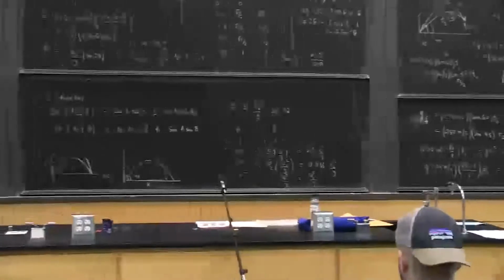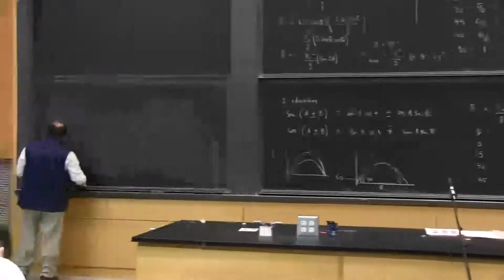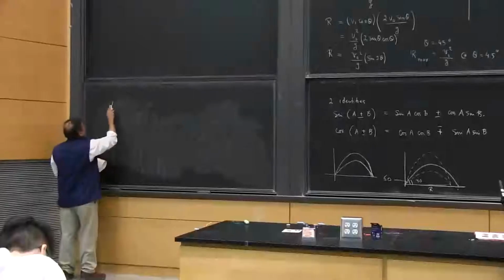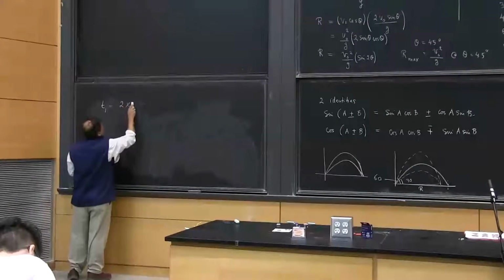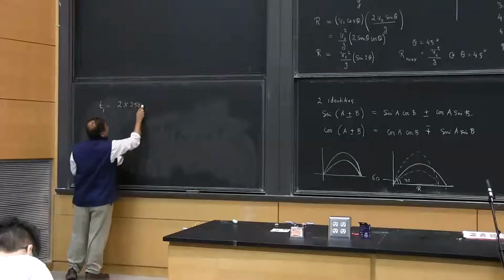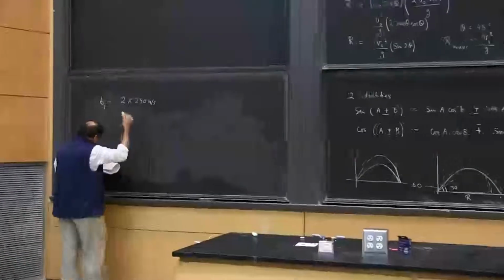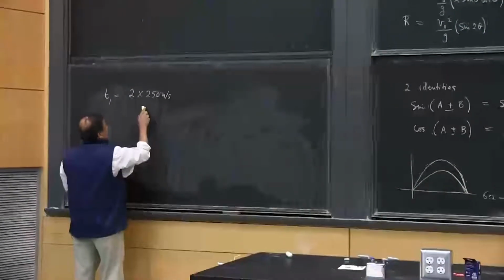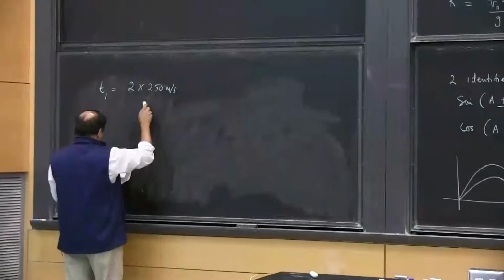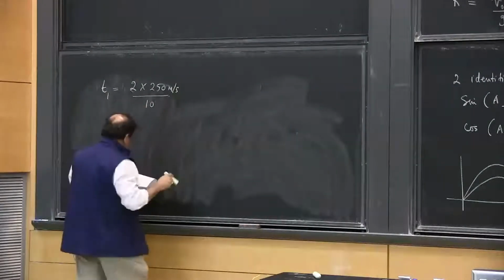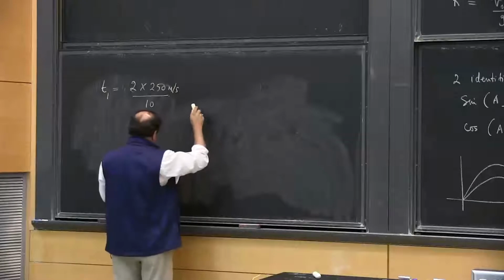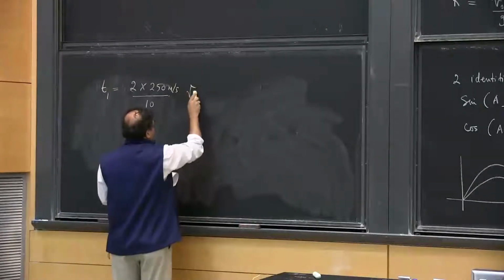Alright, so at this point you can calculate T1, right? So T1 luckily is 2 times 250 meters per second. I don't have to carry 250 meters per second. I can just carry V0. There is no harm done. This would be roughly 10, because that's G here. And then I have root 3 minus 1.